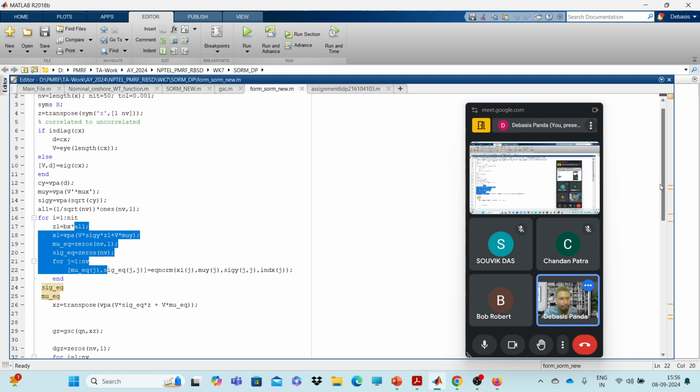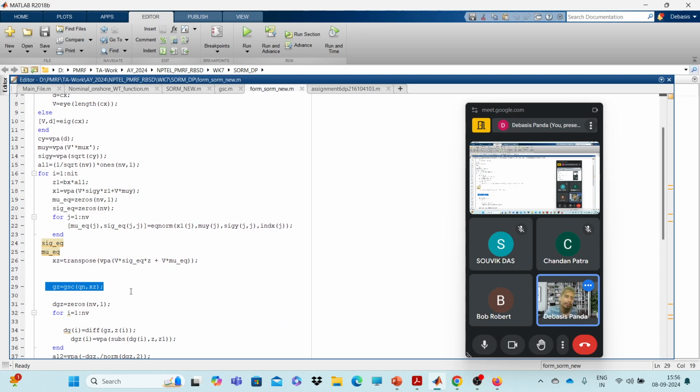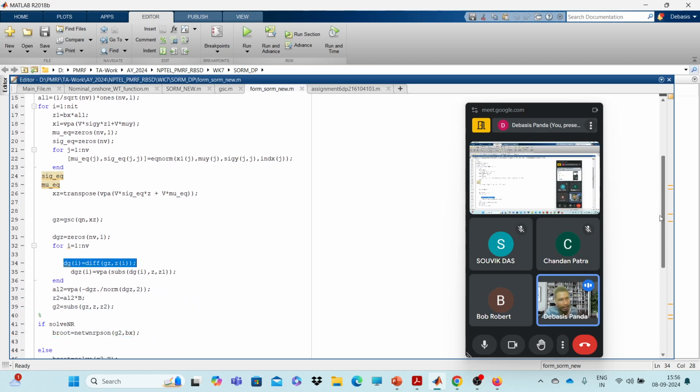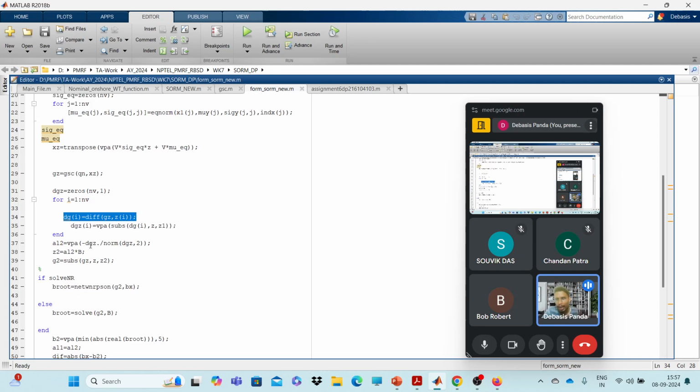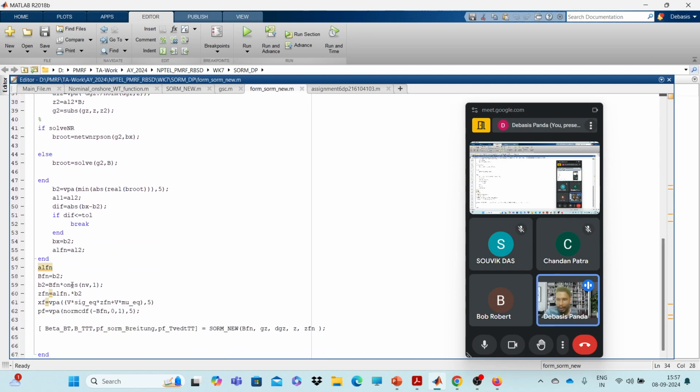Then it calls the limit state function and converts it into z space. Once we have it in z space, it calculates the gradients, that means del G by del Z1, del G by del Z2, and we get the alphas. Then iteratively we solve for alpha and get the final beta and final alpha values, right?